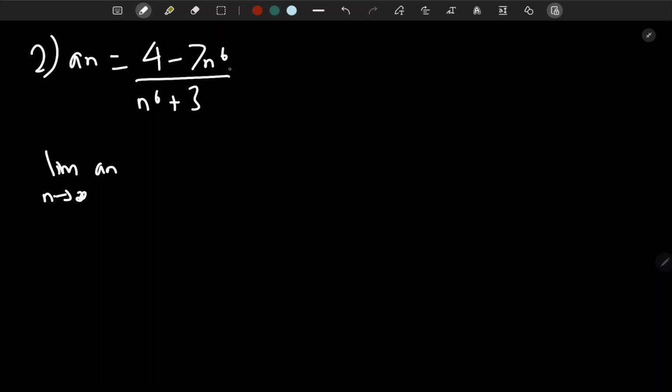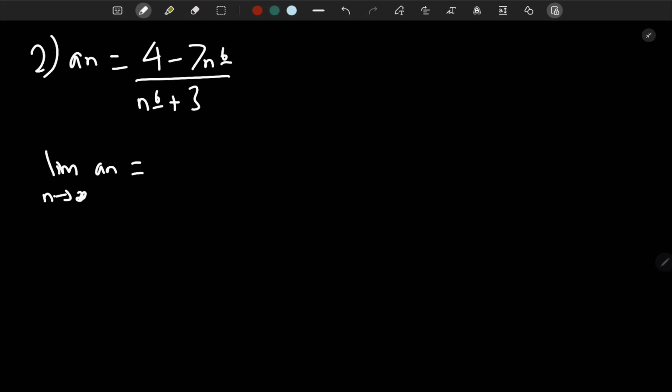Whenever you have the powers of n the same, let's say we have 6 here in the denominator and 6 in the numerator, there is a very simple way. What we can do is take the highest power of n, which is n to the power of 6, and take the coefficient of that n power.